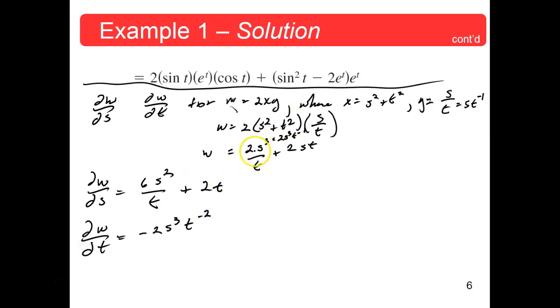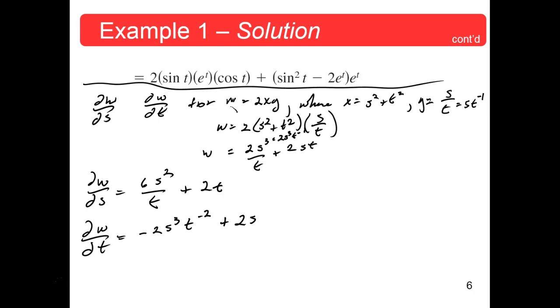Plus the partial of this with respect to T, which is just 2s. Okay. All right. So there are the partials of W with respect to S and T like they called for.